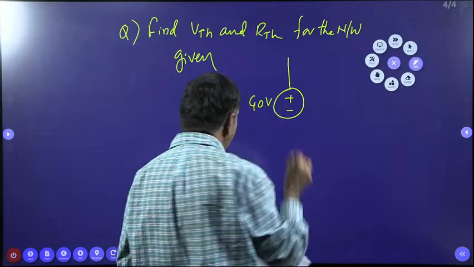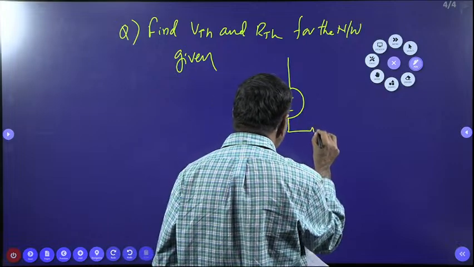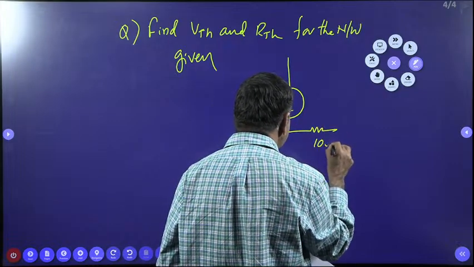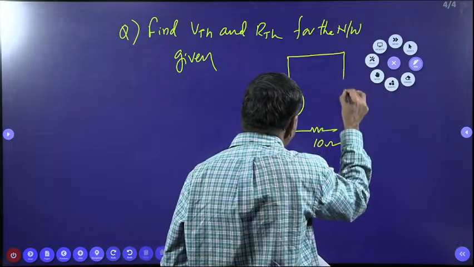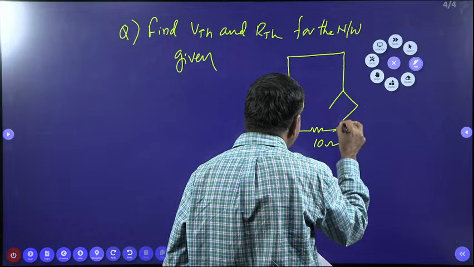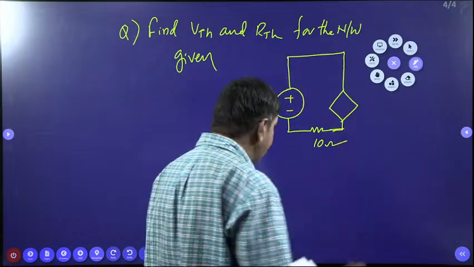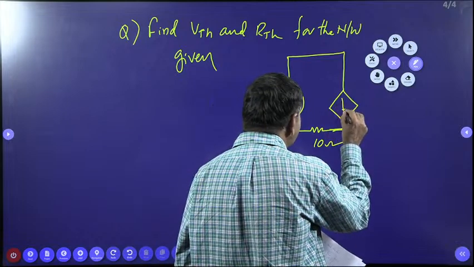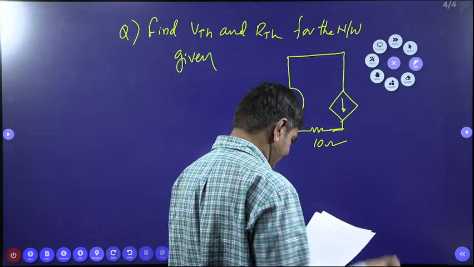This is with 40 volts. There is a 10 ohm resistor. There is one dependent source. There is a dependent source like this. The current passing through this dependent source is 0.8 I.